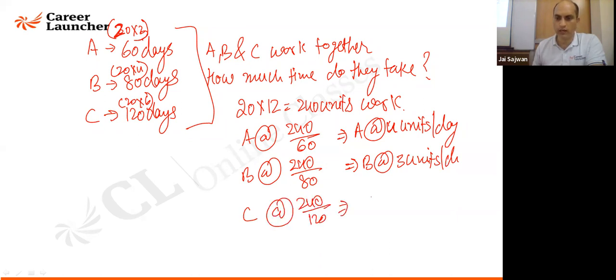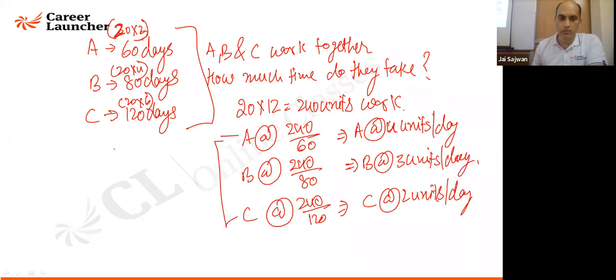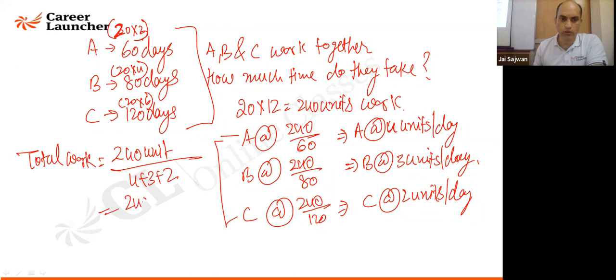Sorry, I'm taking so much time, but I think I need to explain this thing. If you do the calculation in your mind, you can do it very easily and very simply. Quickly, I will say. So total 240 units of the work is there. Total work, this is the total work. If all of them join hands, they will contribute 4, 3 and 2 units of the work. So it is 240 by 9.